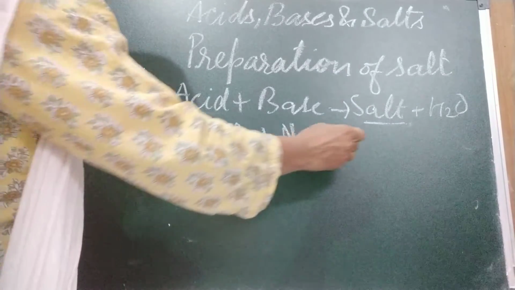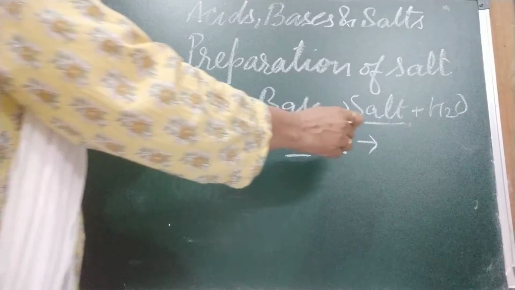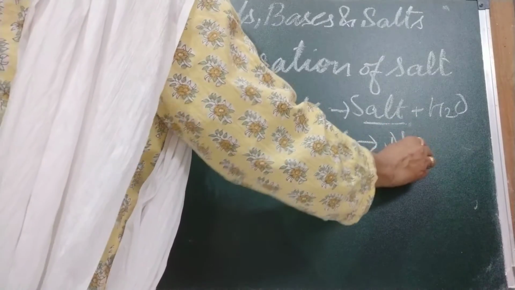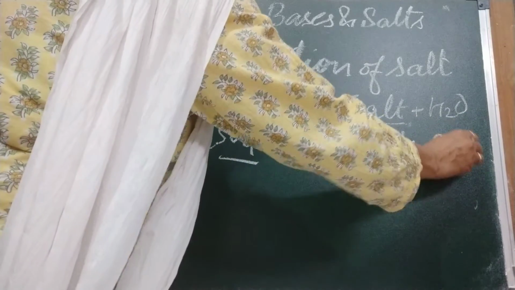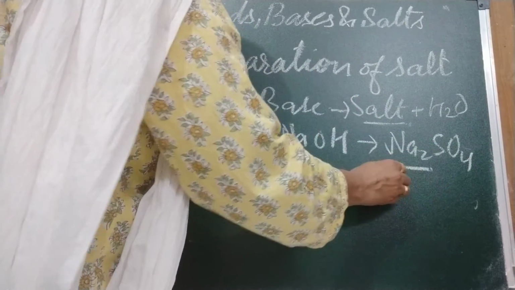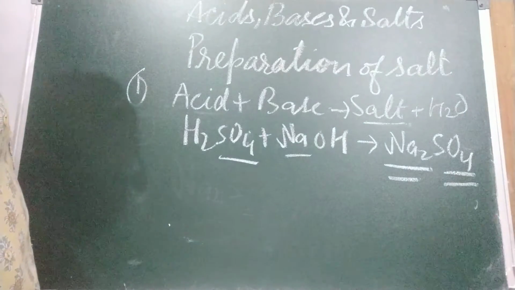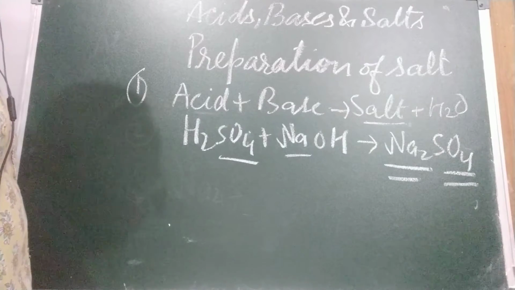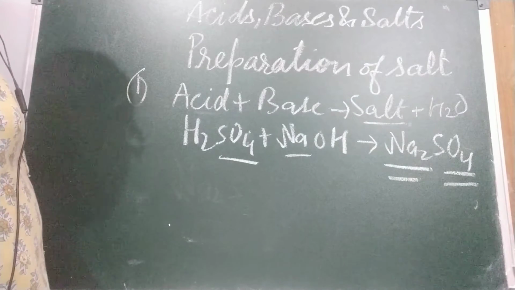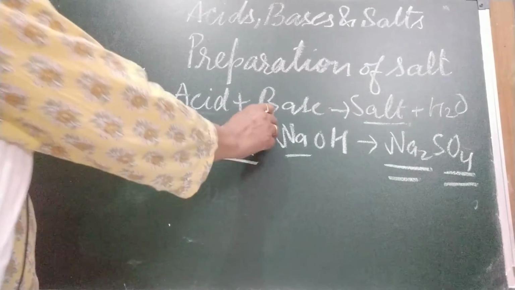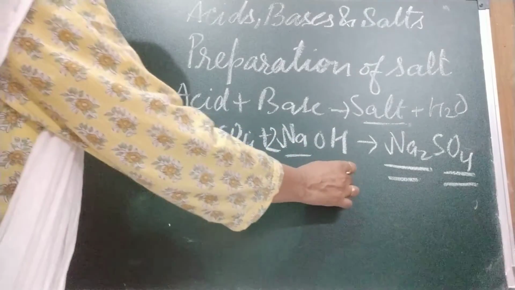The salt we get, Na2SO4, is sodium sulfate. This is the metal part and this is the non-metallic part. The metal part we take first and the non-metallic part's name comes later. And then water is formed.